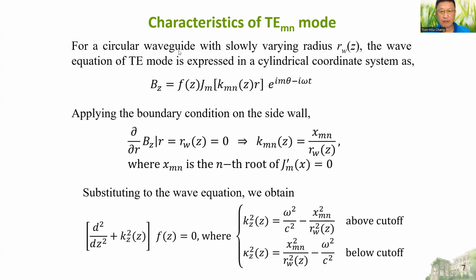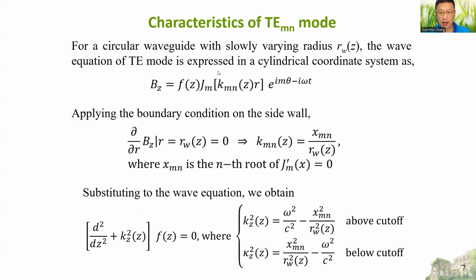For a circular waveguide or cylindrical waveguide with slowly varying radius, so the radius just changes slowly, the wave equation for the TE mode is expressed in a cylindrical coordinate system as here. F of z is to be determined and can be considered as the amplitude.